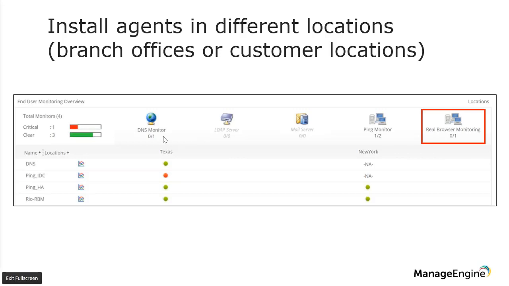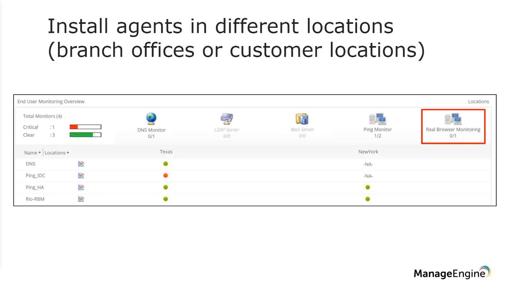That is because the DNS monitor, the LDAP, and these two are perhaps familiar to users mostly. However, real browser monitoring is something that could offer some out-of-the-box value that might not otherwise be available in other products or features.